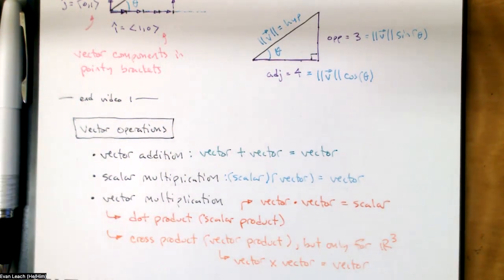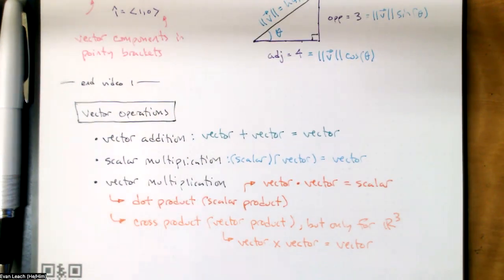But that's only a thing that we do in three-dimensional space, and we're going to concern ourselves with two-dimensional space today. All right, let's look at how we can do these operations.